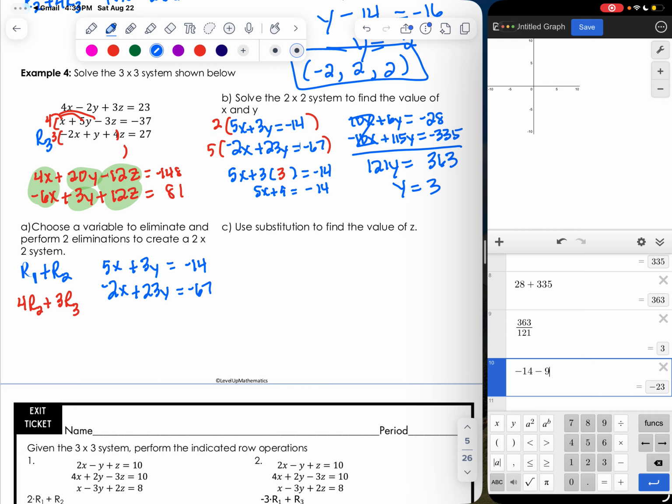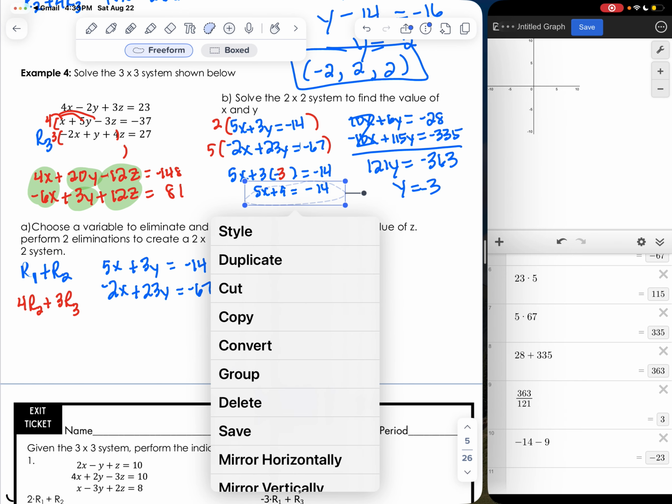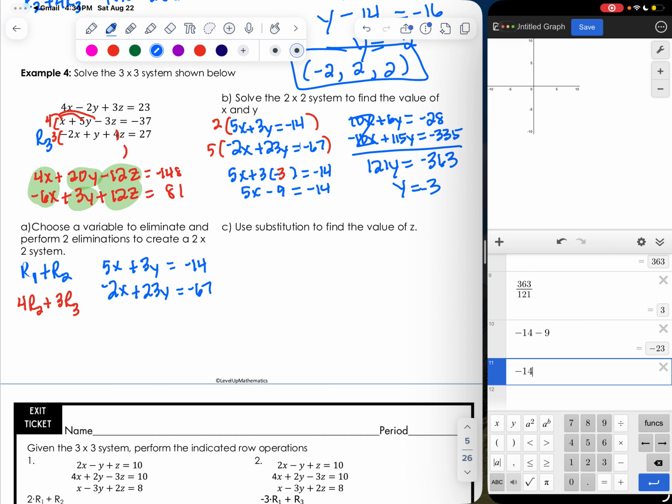Oh gosh, this was negative 3. Glad I caught that before I kept going. So this should have been 5x minus 9 equals negative 14. Now take negative 14 and add the 9. So 5x equals negative 5, and then divide to get negative 1.